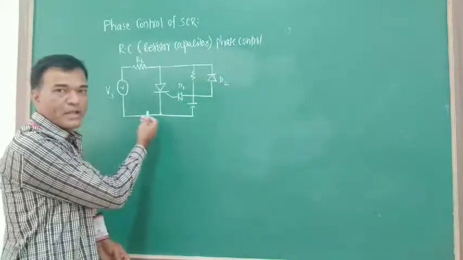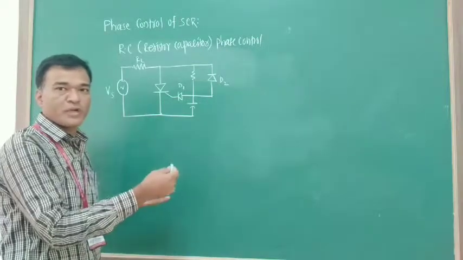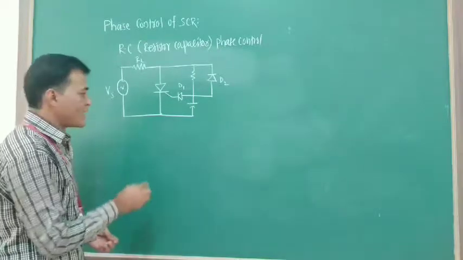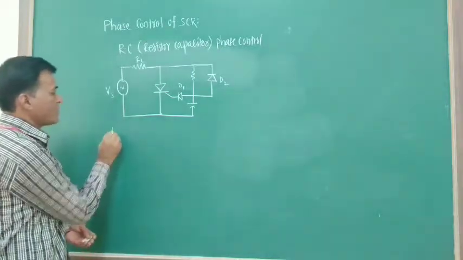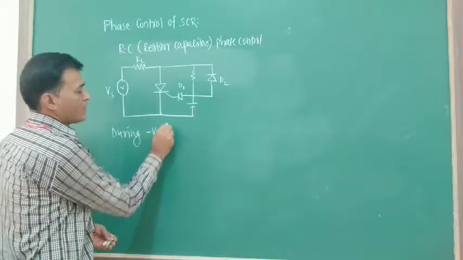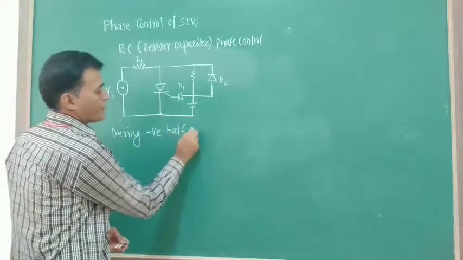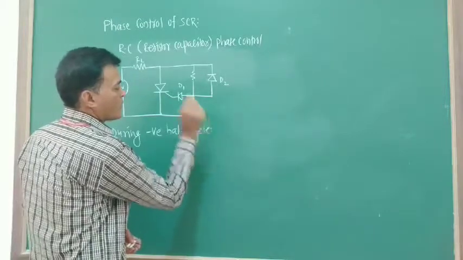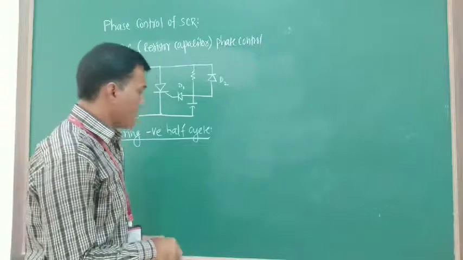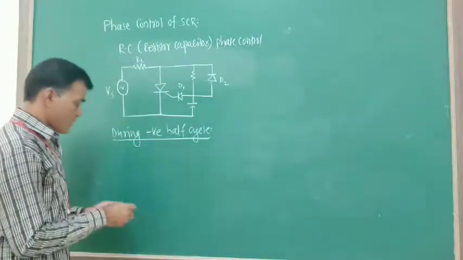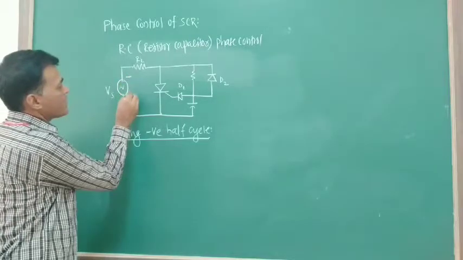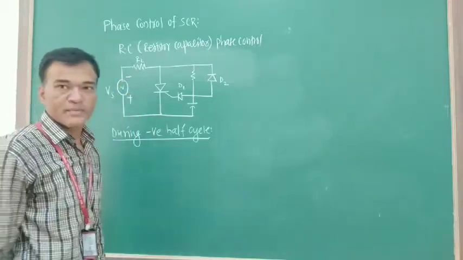As we are applying the sinusoidal input, it has a positive half cycle and a negative half cycle. Let us start the analysis with the negative half cycle. During the negative half cycle, the polarities of the supply voltage become negative upside, positive downside.